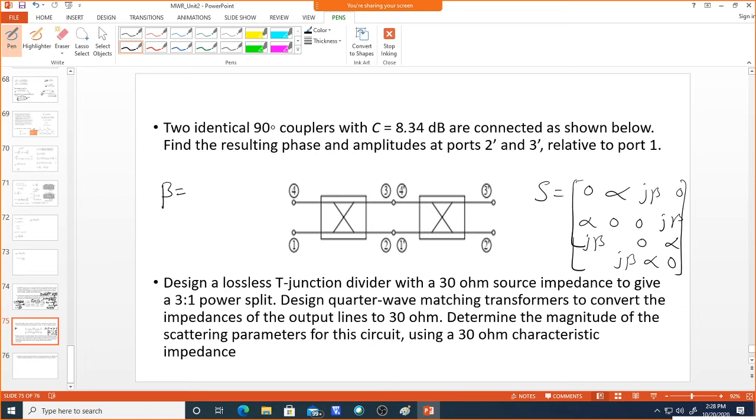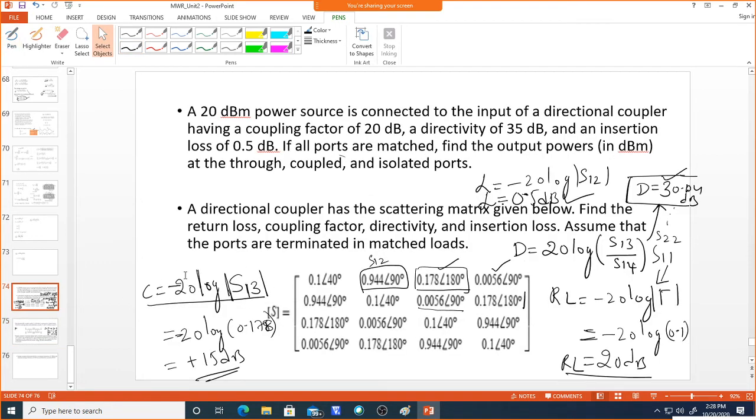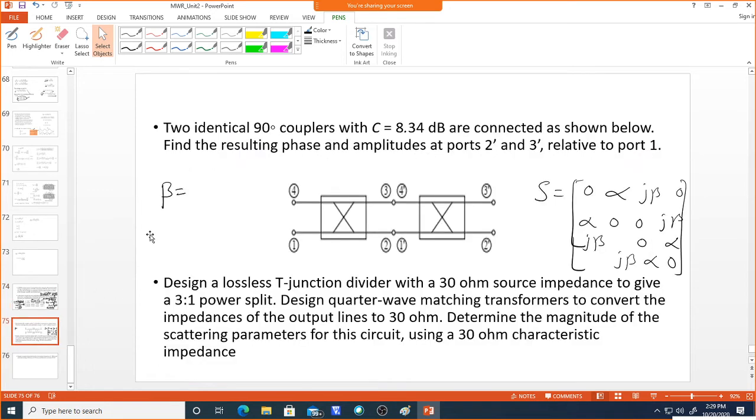Similar to what we did earlier to find S13, you can find S13 using this coupling factor. You can write it as beta, the absolute value of the coupling factor.